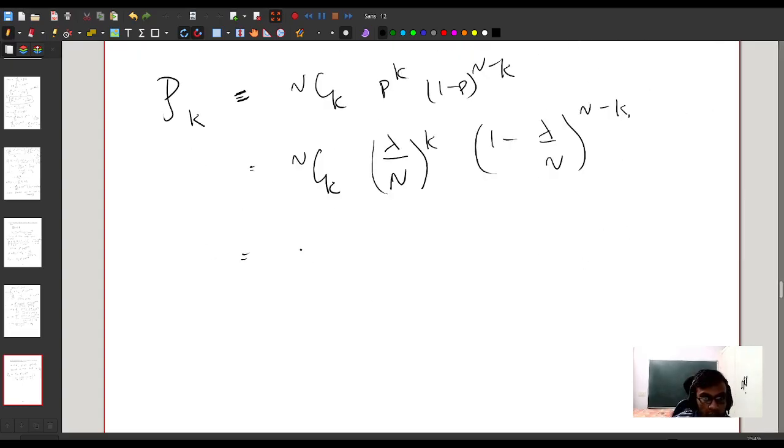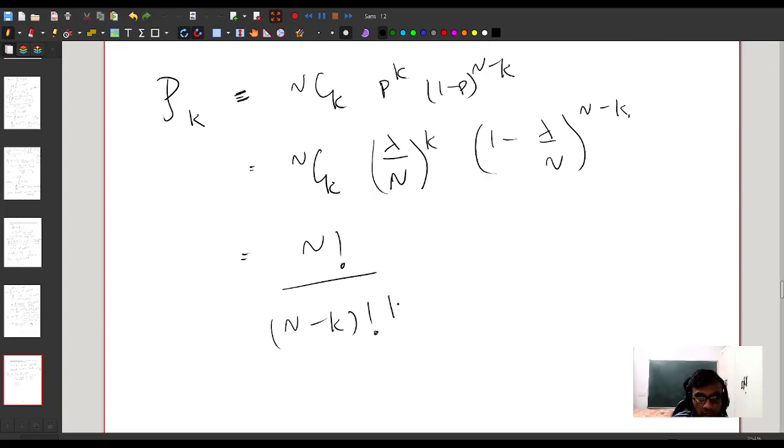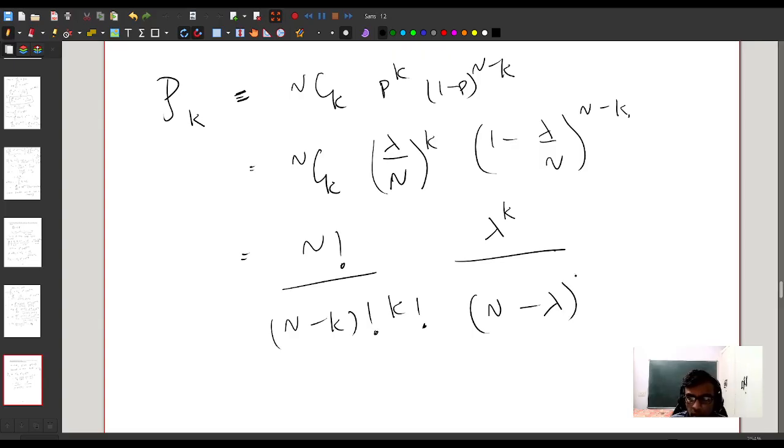Let us express this in terms of the factorials and rewrite this. So it is going to be lambda to the k by n minus lambda whole to the n minus k.